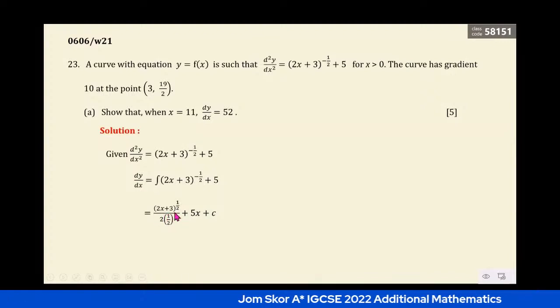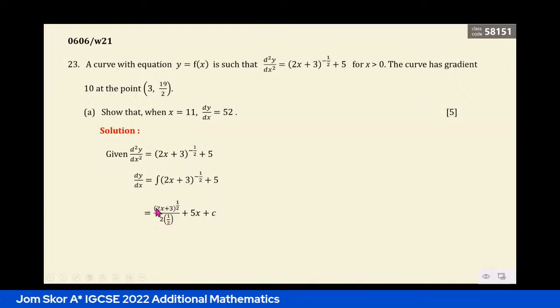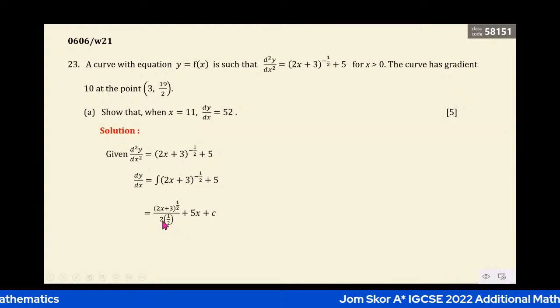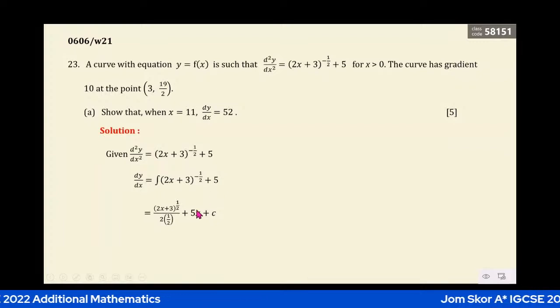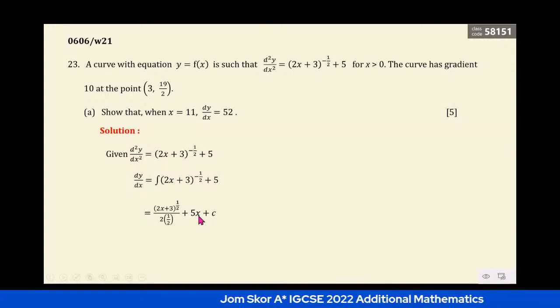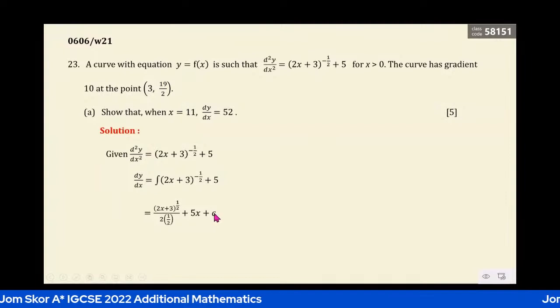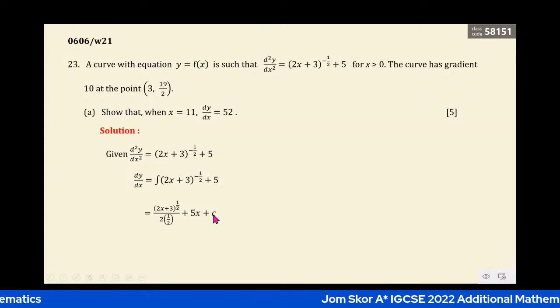Then underneath we put 1 over 2, and after that we differentiate the one inside the bracket, 2x plus 3, and put it here. Whether you put it at the back or the front doesn't matter. Then integrate 5, you will get 5x, and then plus c. We often miss this c here.